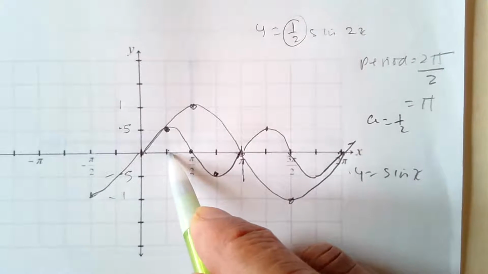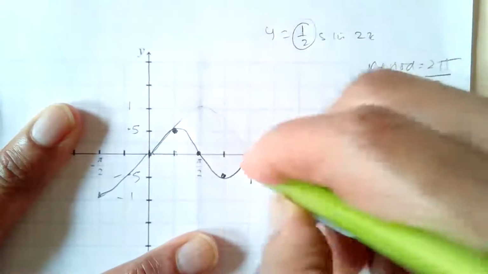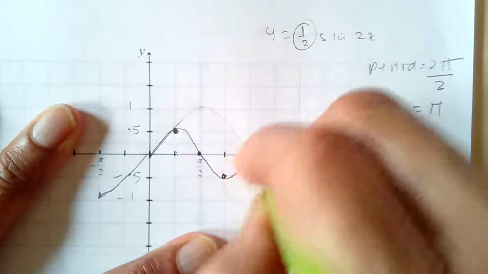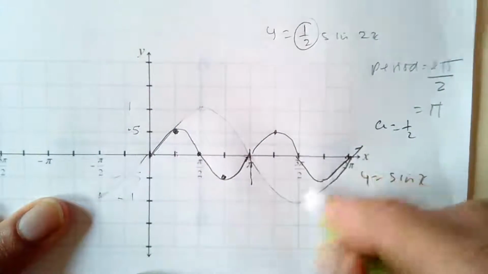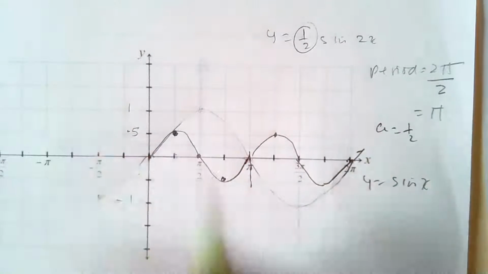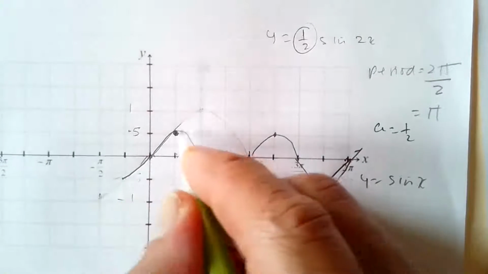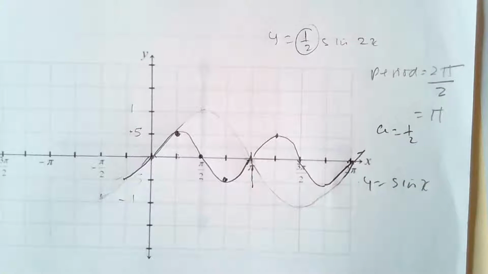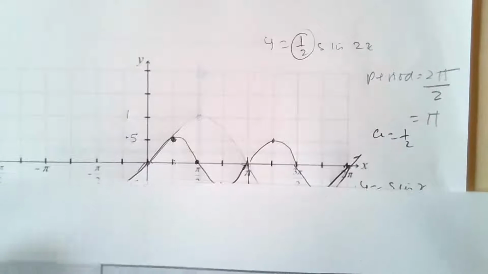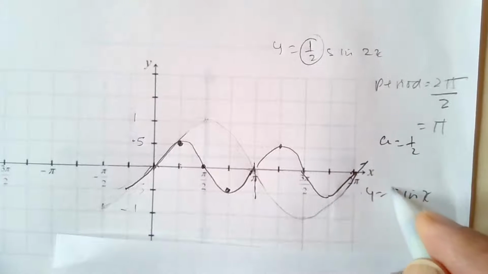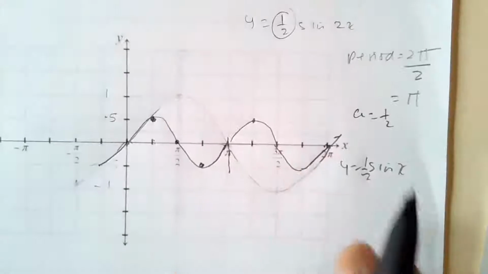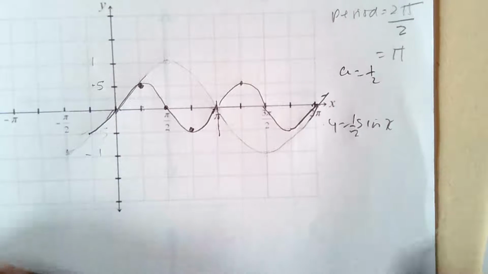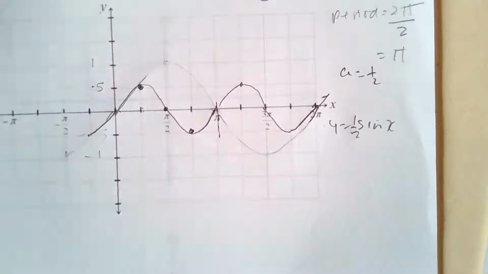So the same graph. If I were to remove this one part here, this is my original sine graph. Now I'm left with y is equal to half sine x, so it's right here.